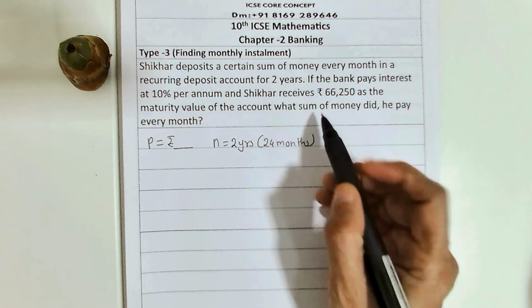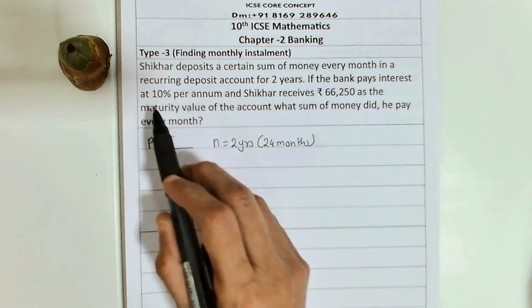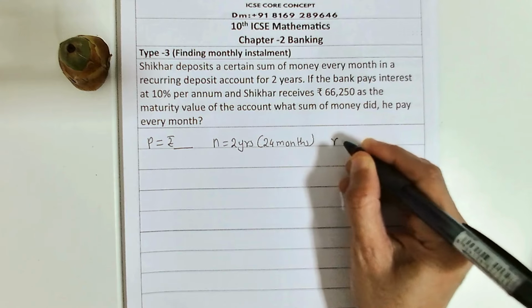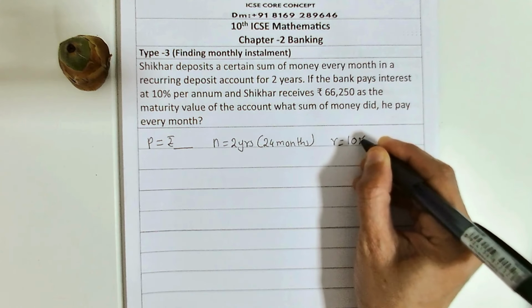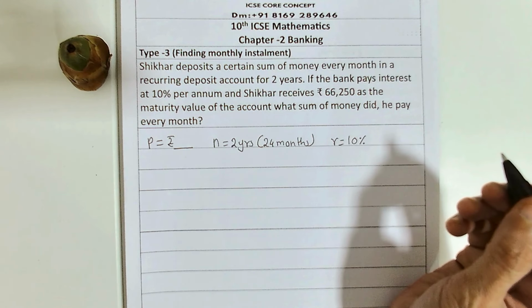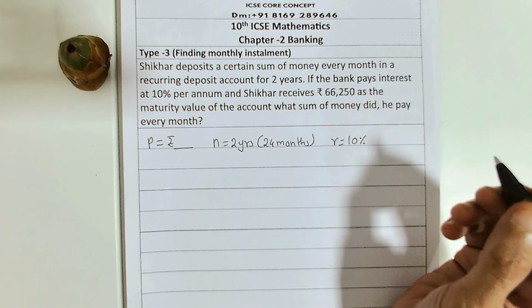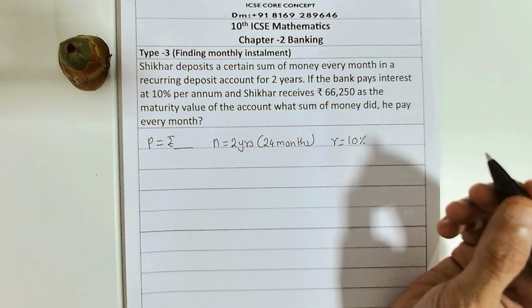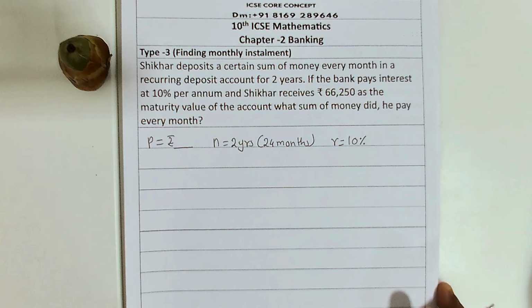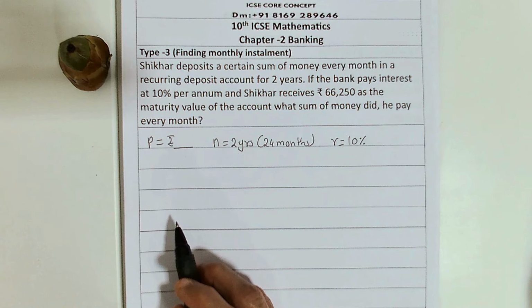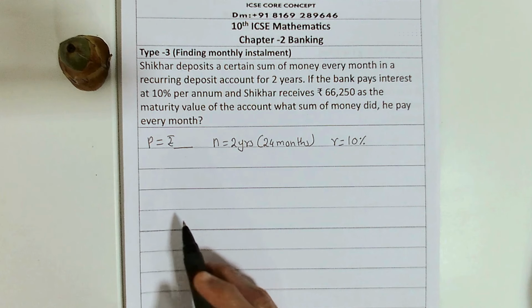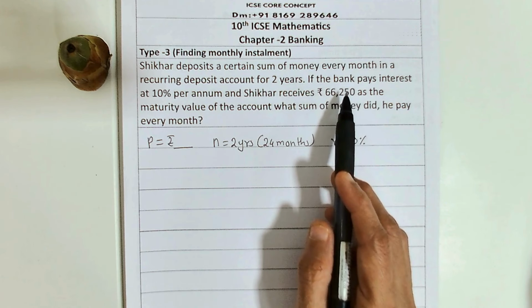Fine students, we'll read further. If the bank pays interest at the rate of 10%, so rate percent is 10%, and Shikhar receives rupees 66,250. Now, as I told you, students become confused at the time of exam and they cannot identify what it is.